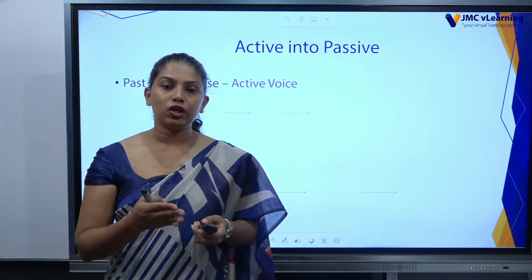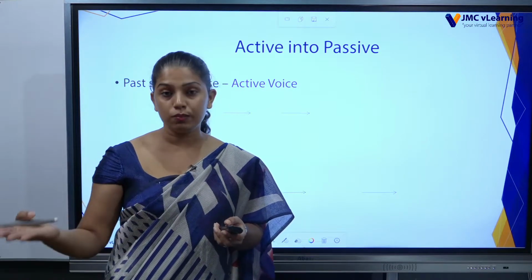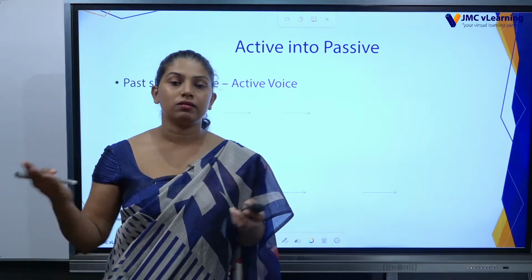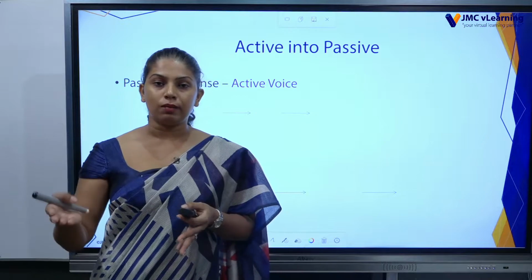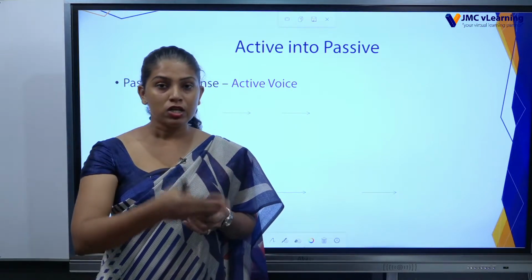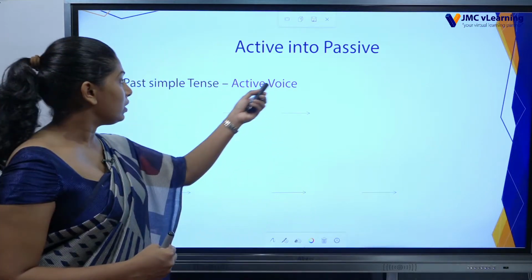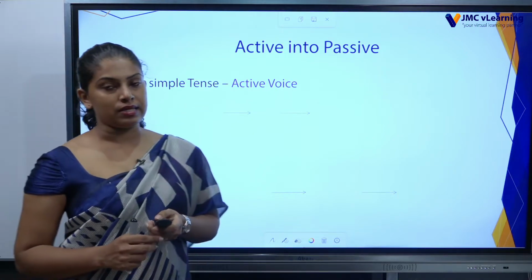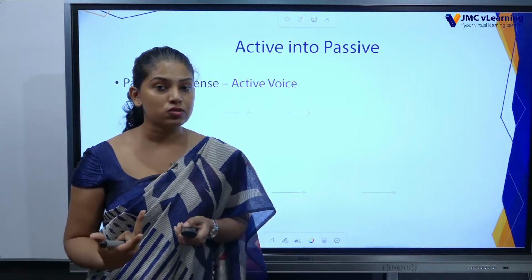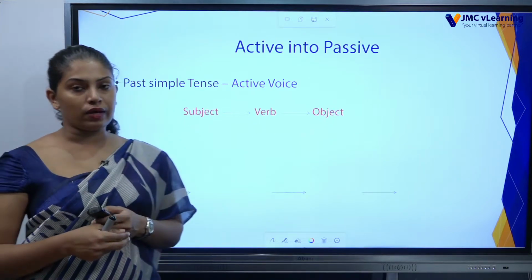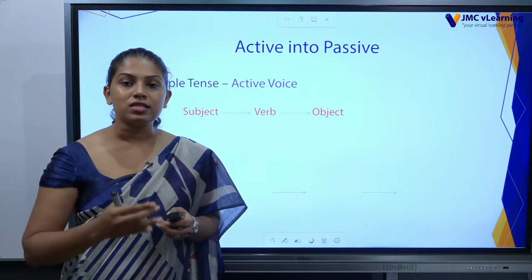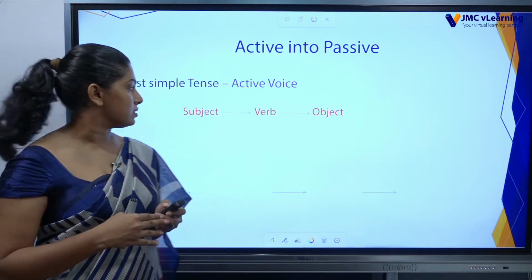In active voice, we use subject, verb, object. SVO, we call it in short form, subject, verb, object. So when we are discussing the simple past tense, how do we create the structure of a sentence? This is the way we use an active voice past simple tense sentence.